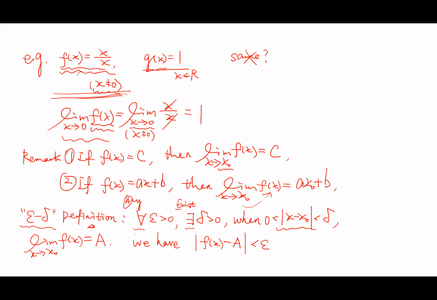Okay, so for this definition, we can use it to prove the above two facts. Maybe this is a little bit hard to understand for you now, but just know it. If you want to know more, you can talk to me after class.